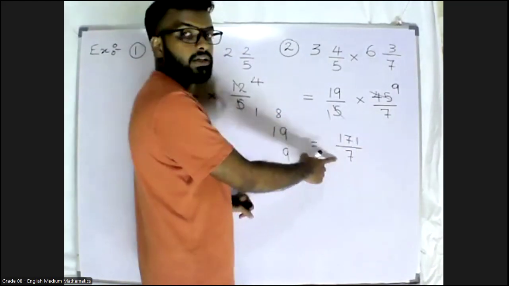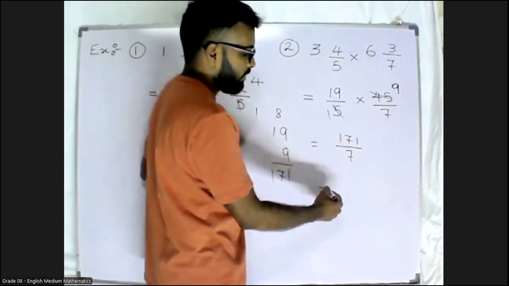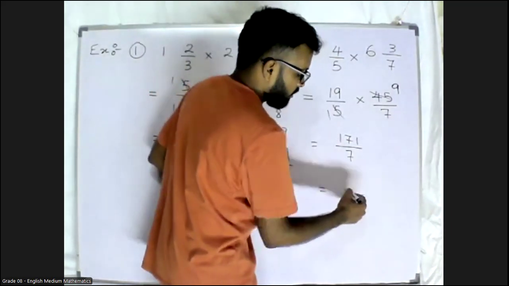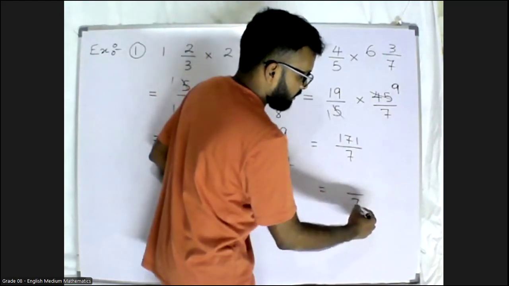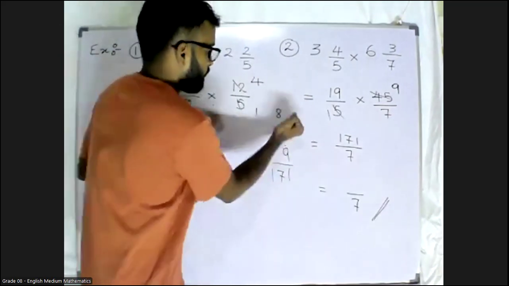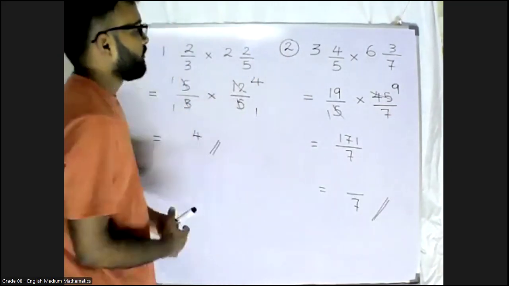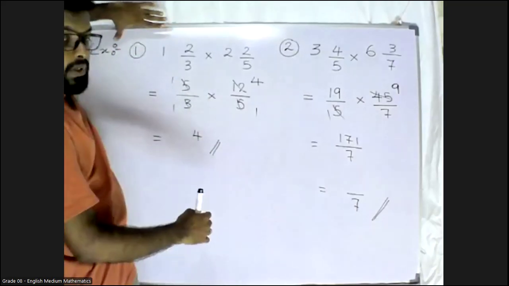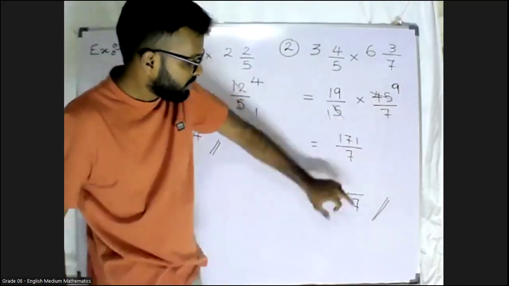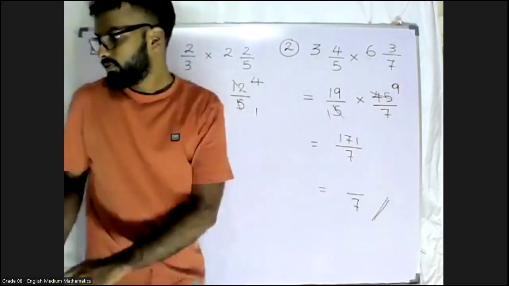Now you can see this is an improper fraction. You know how to convert it into a mixed number, right? Please write this and send me the answer for this one in the chat.